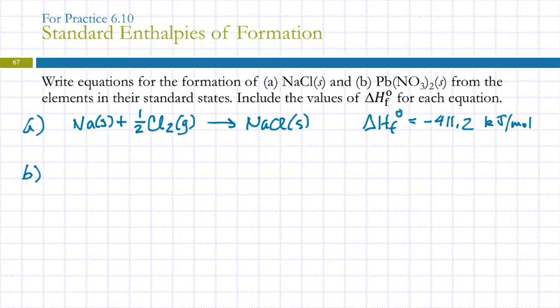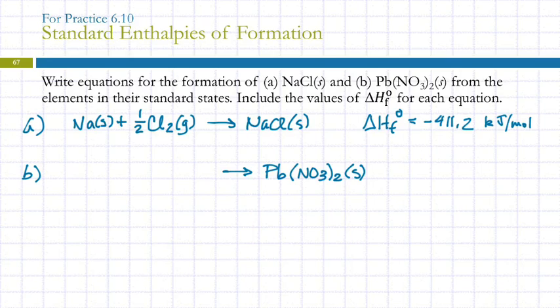So here we have B. So this one is lead nitrate. So over here for the product, we're just going to write that formula. So it's Pb(NO3)2, solid. So what are the elements present there? Lead, nitrogen, and oxygen.